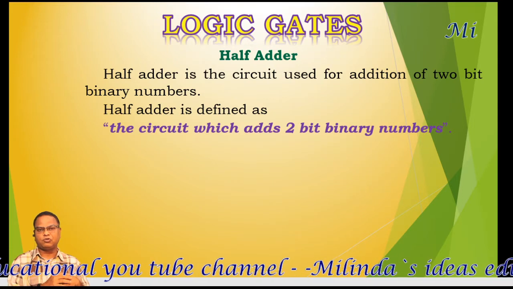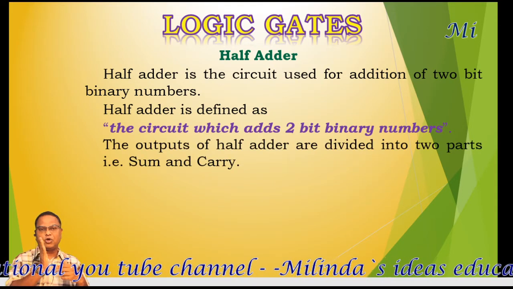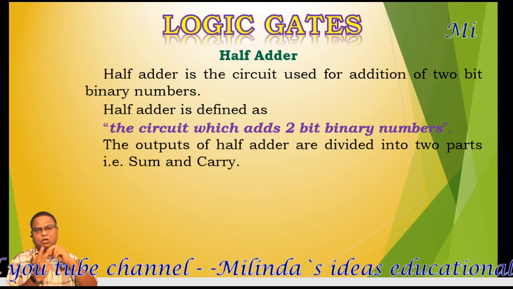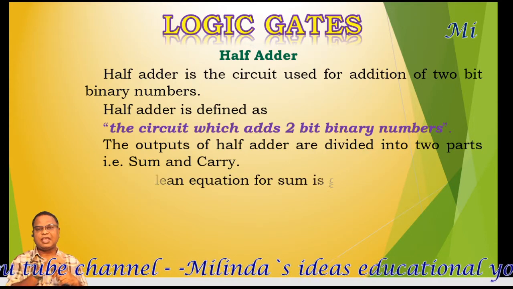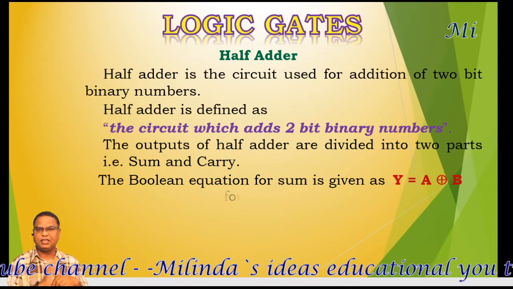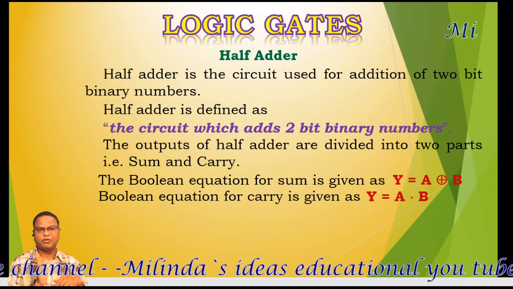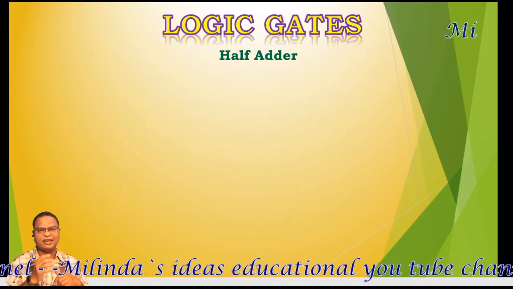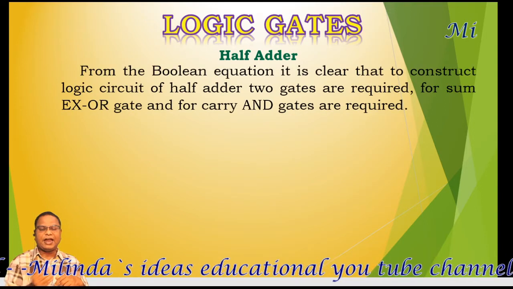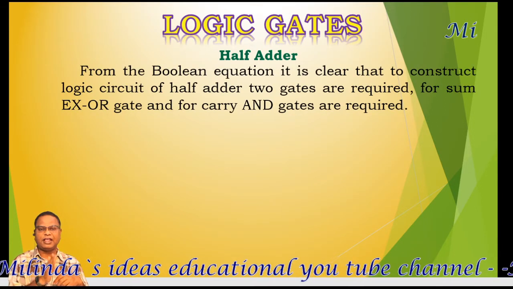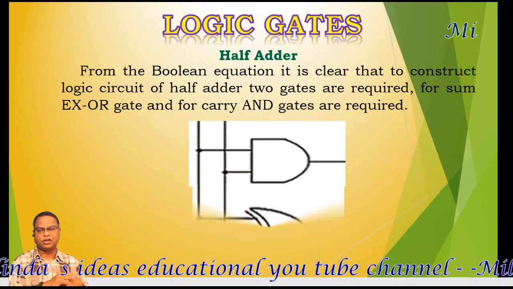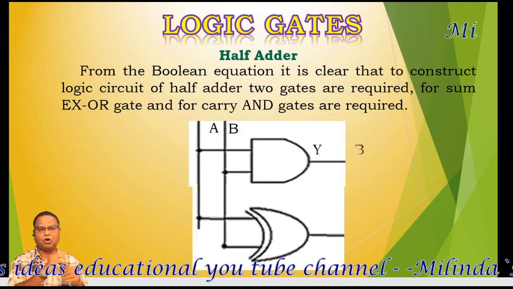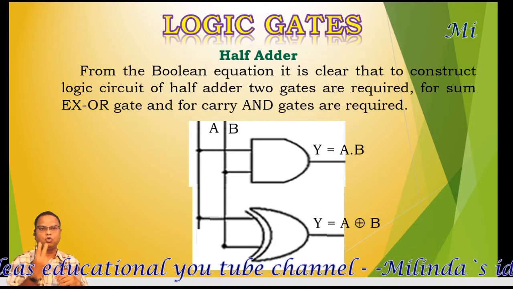So obviously there are 2 inputs, A and B. When we are going to add the 2 inputs, there are 2 outputs, that is sum and carry. The Boolean equation for sum is A XOR B, while the Boolean equation for carry is A dot B. So to get the addition of 2 bits, for the sum we require a 2-input XOR gate, A XOR B, and to get the carry output, we require an AND gate, that is A dot B. So in half adder, 2 gates are used.